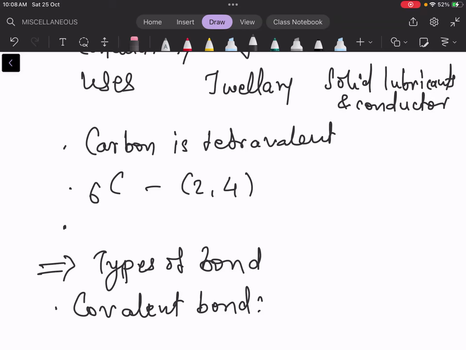So the bond which is formed by equal sharing of electrons, that is, one electron is given by the first carbon and one electron by the second carbon, is called a covalent bond.